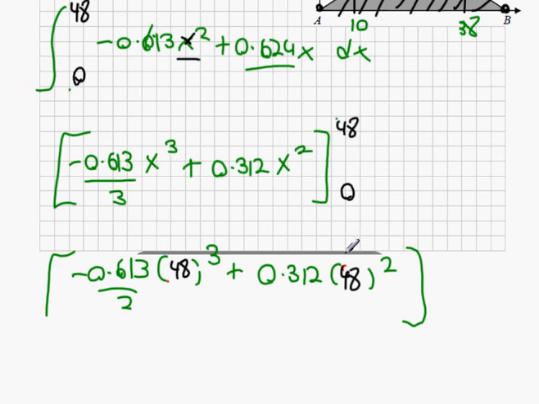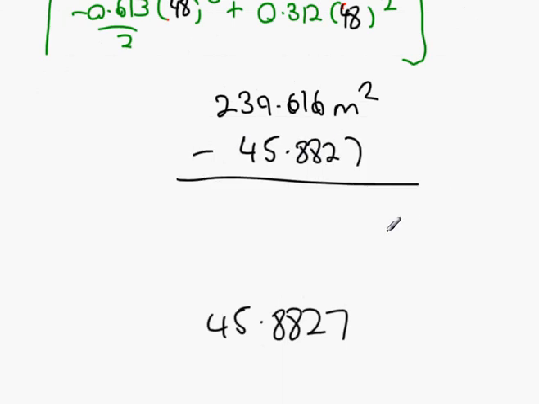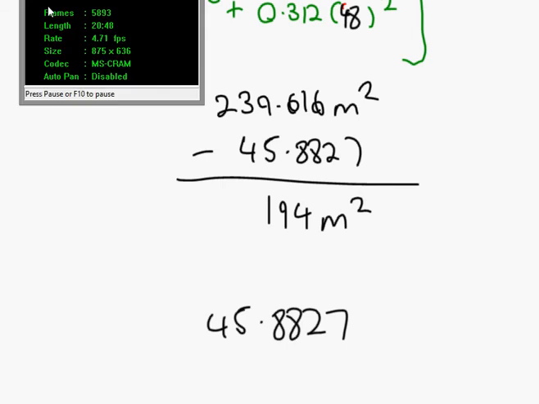And when I do this, I'm going to get 239.616 meters squared. I'm going to take away my 45.8827, and once I take them away from each other, I'm going to get 194 meters squared to the nearest meter squared.